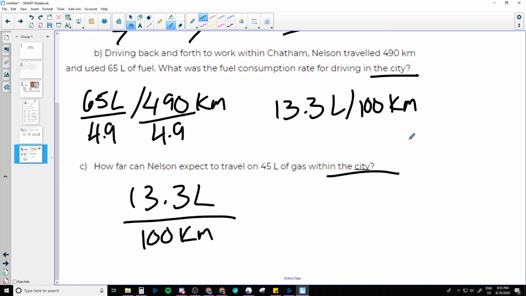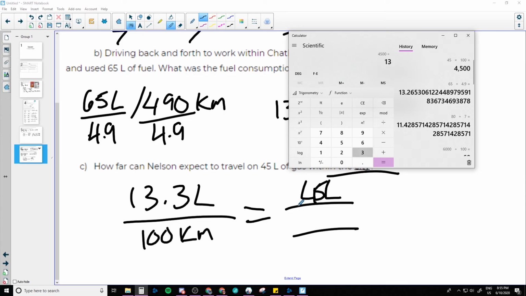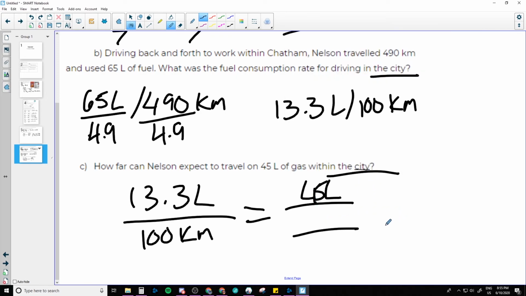So now we're going to use the city rate is 45 liters for how far? Okay, now we're going to cross multiply and divide. 45 times 100, divide that by 13.3. What we get is 338.3 kilometers.